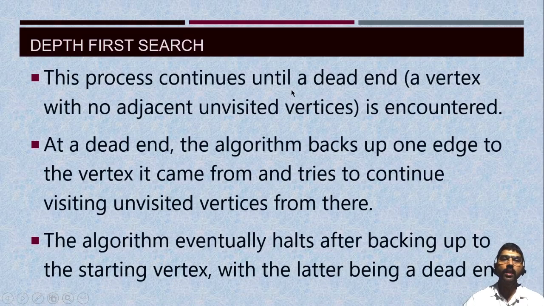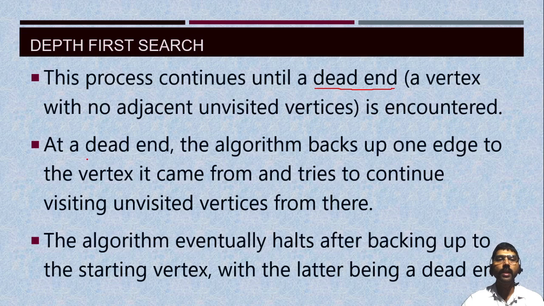This process continues until the node has no unvisited vertices. That is called a dead end. Dead end means the node which has no adjacent vertex which is not visited.